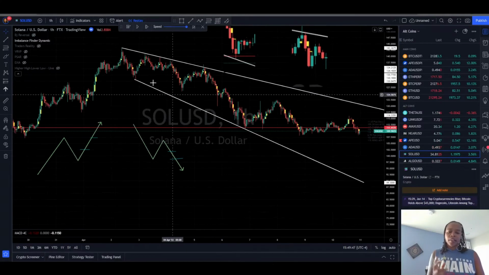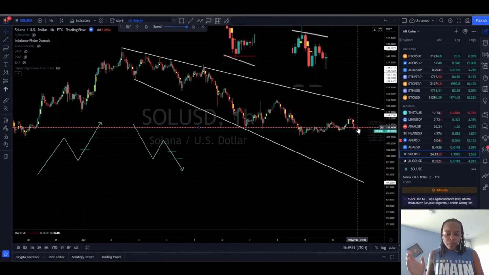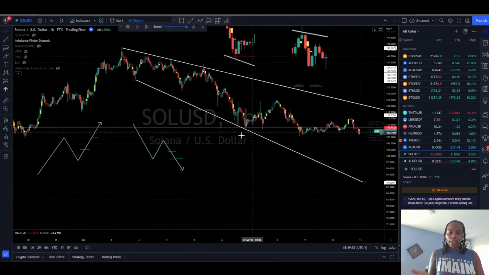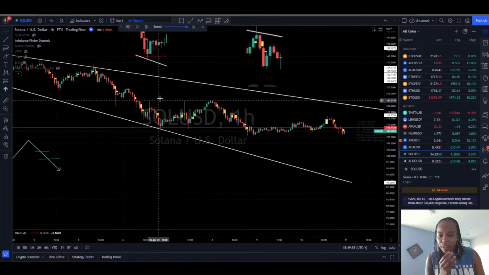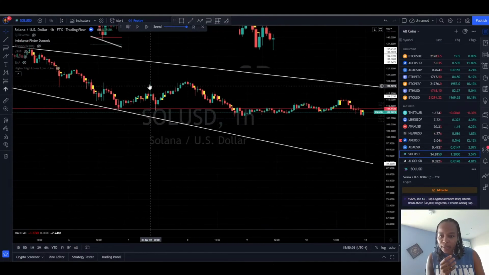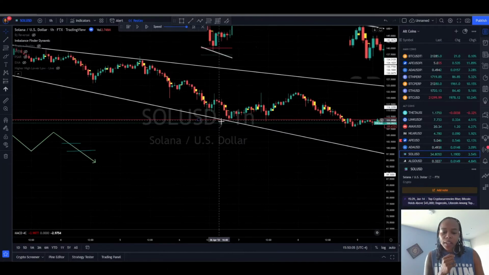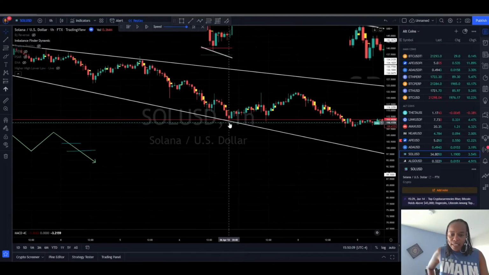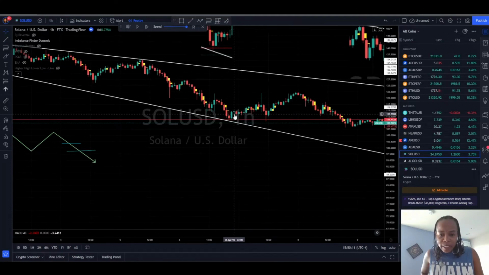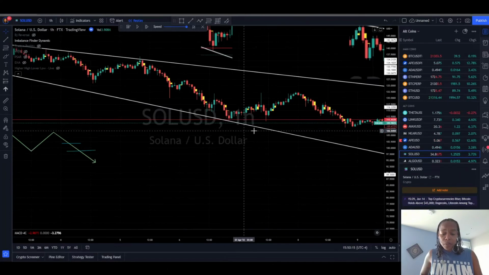So in this case, I had this downward trend line, not to mention this horizontal trend line as well. Once I saw it hit this, I was like, all right, cool. But look, if you zoom in real tight on it, it's a nice bullish engulfing candle. So after seeing this candle, what I would do is enter into a long. And again, remember, we have a couple of confluences here.